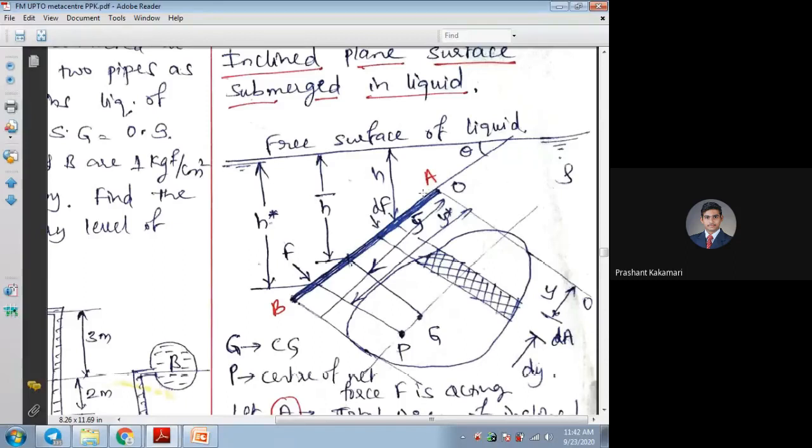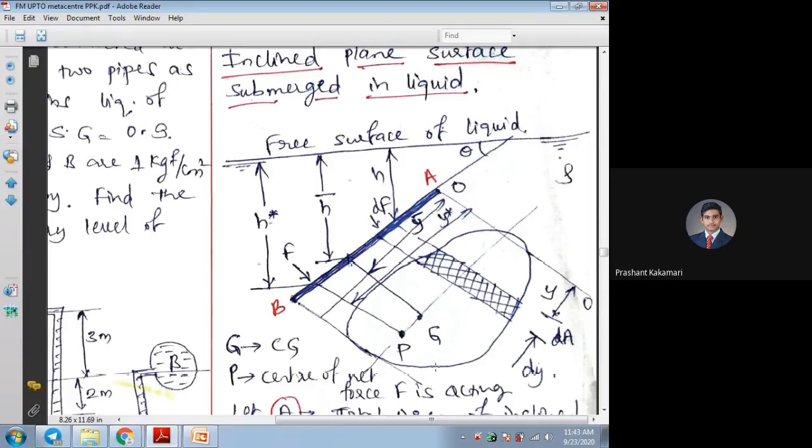As per this plate, if I consider about A, it creates some moment, so that the weight of the liquid and the pressure force of the liquid try to move this B to make it vertical. Are you understanding? So due to this, we can take the moments also.